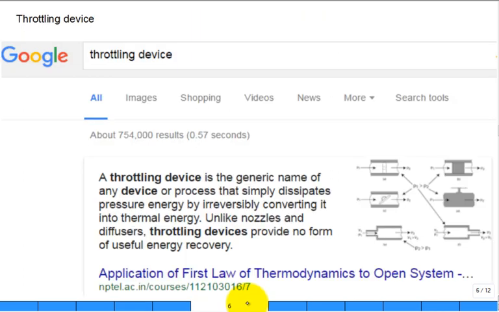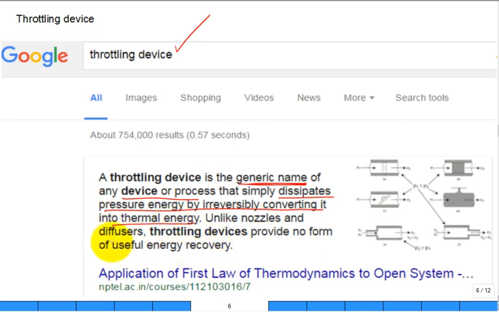And I want to get to throttling devices. Are you still with me? Are you still awake? Because this is one of those, like, what are we talking about? So I encourage you to take a look at what the online dictionaries say. What's a throttling device? Well, it's a generic term used for any device that simply dissipates pressure energy by irreversibly converting it to thermal energy.